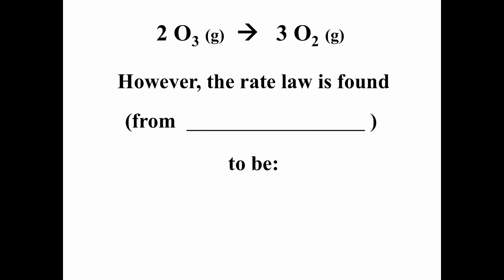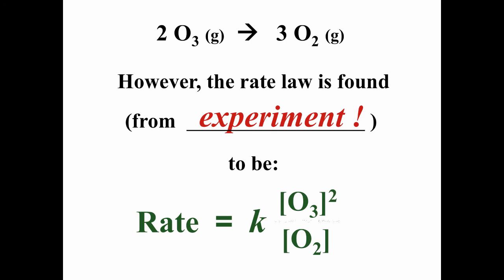Now here's the thing. If we do the appropriate experiments, what we find is that the actual rate law for this reaction is rate equals k times [O3] squared divided by [O2].